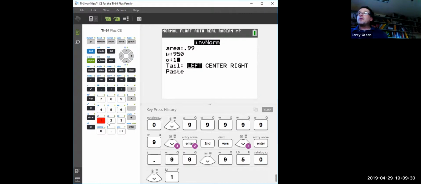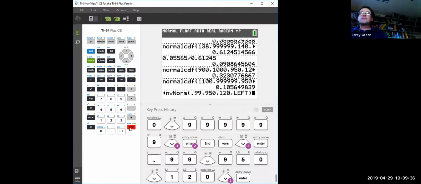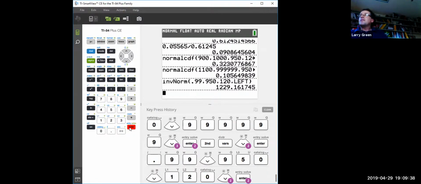Sigma was 120. And that's it. We hit paste and enter again. So we need to stock basically 1,230 ounces to be at least 99% sure. So a little more than the 1,100 we were going to stock. Okay, and this is kind of good business management. That's how you make decisions.